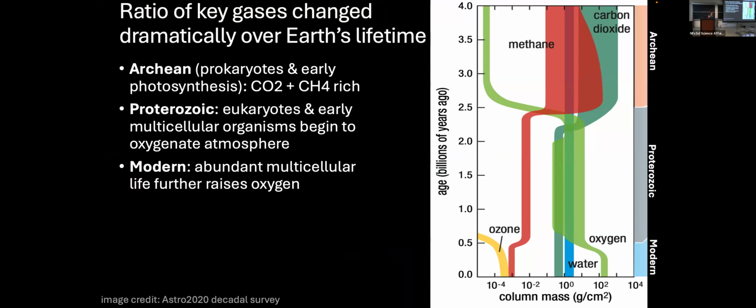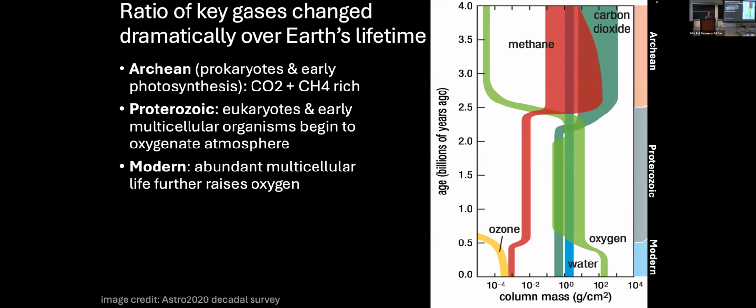Modern Earth is a very small fraction of Earth's history, and we can design a mission that's only sensitive to a modern Earth-like planet and life as it currently exists. And that's a perfectly fine mission. It would just be leaving out a lot of Earth's history and leaving out sensitivity to some of the earlier, simpler life forms that were present on the planet in the first couple billion years of life's evolution.